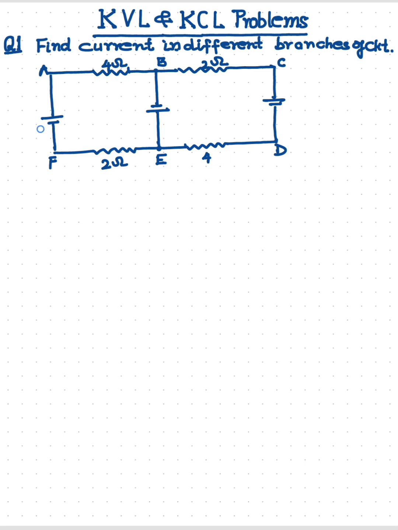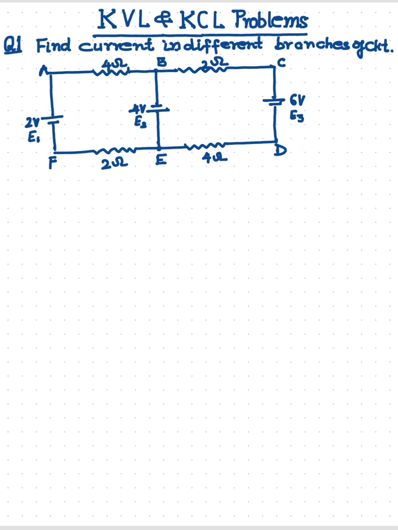This battery is E1, which is 2 volt. This battery is 4 volt, say E2, and this is E3, which is 6 volt. So this is the circuit given in the question.